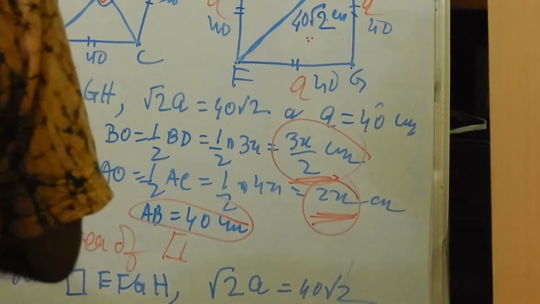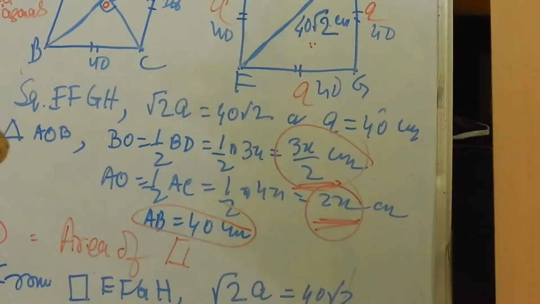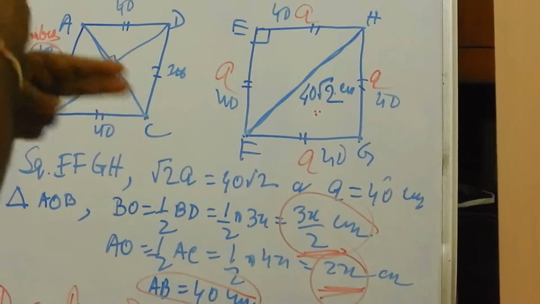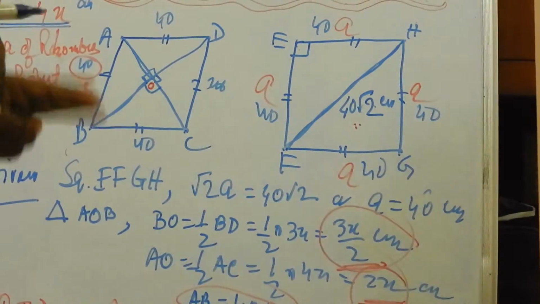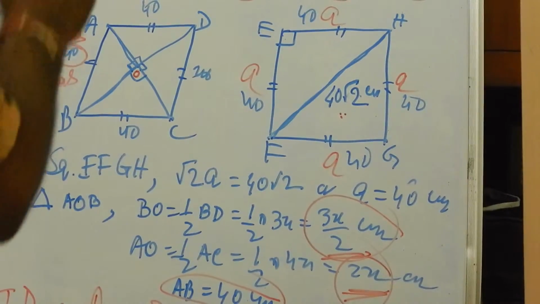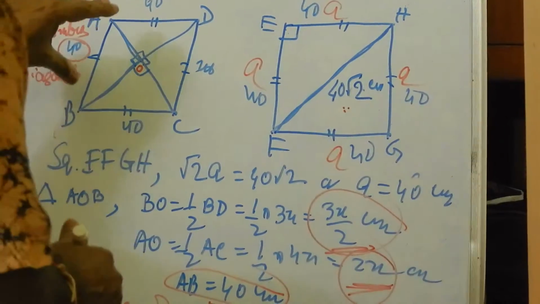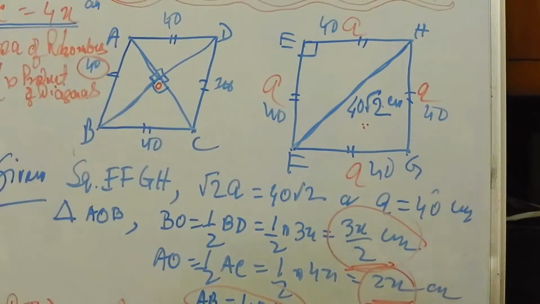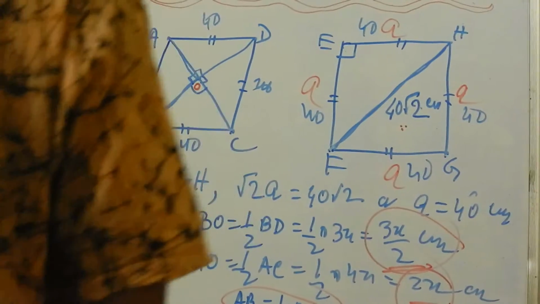So these three form a right angle triangle, because both the diagonals bisect each other at right angle. In case of rhombus, you must remember this. So here also the Pythagoras theorem is to be applied.